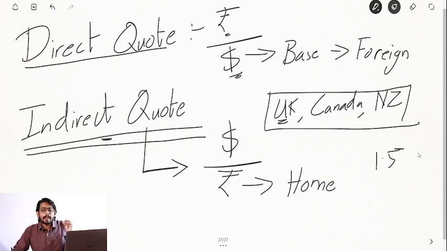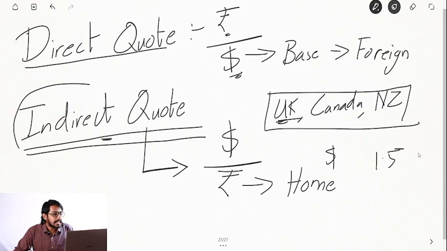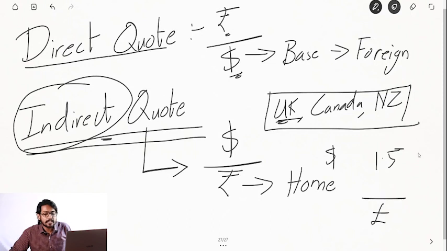If they simply say dollar is 1.5 or US is trading at 1.5, understand that in UK it's always an indirect quote. In London, always pound, the home currency, is the base currency. Just keep that in mind.